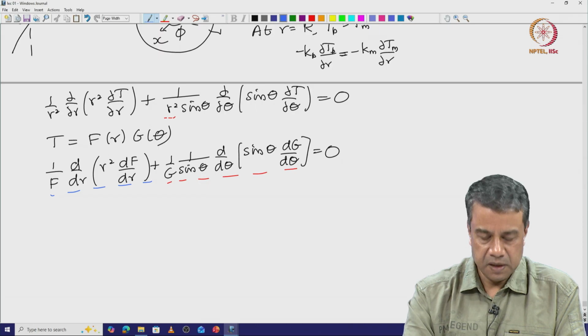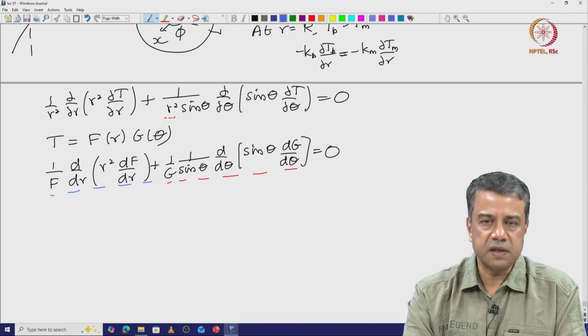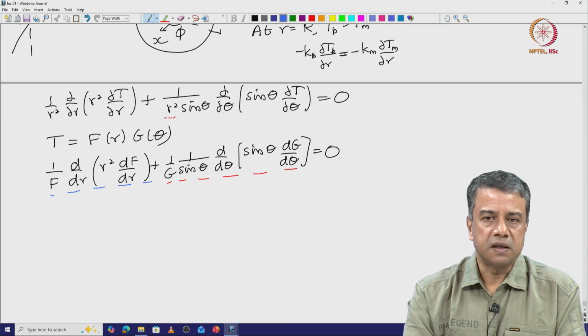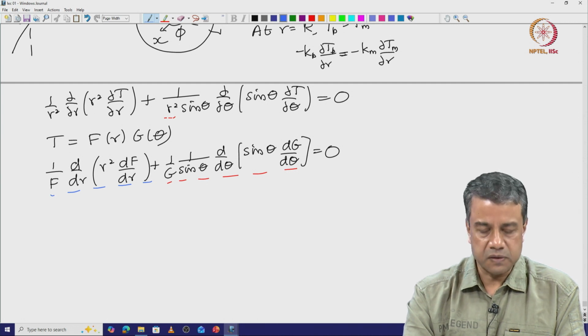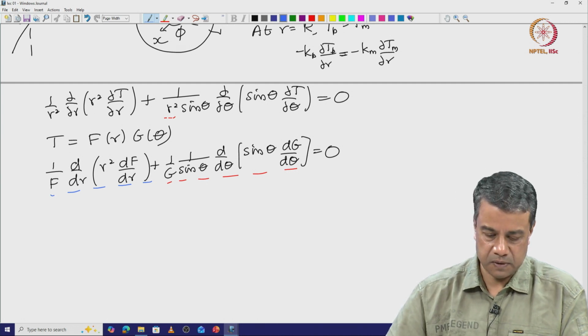The inhomogeneous boundary condition is in the r direction. In the theta direction, theta of course goes from 0 to pi in the spherical coordinate system.